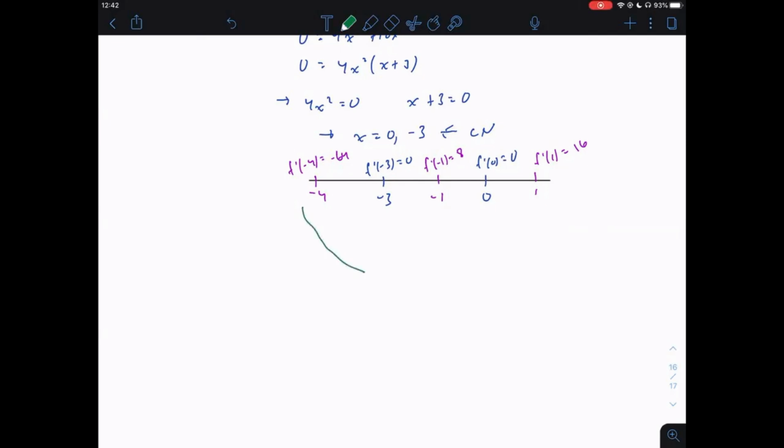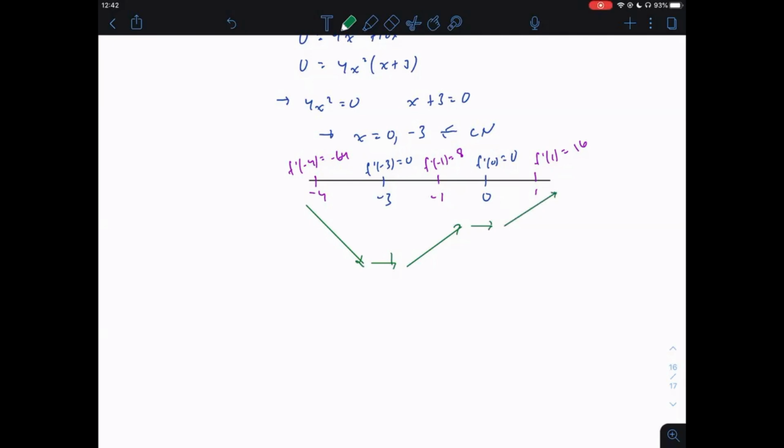Then it zeroed out at negative 3, and the slope became positive, meaning our function started to increase, or come back up. The slope zeroed out again at the second critical point at 0, but notice that the slope still remained positive, meaning the function continued to increase even after the slope zeroed out.